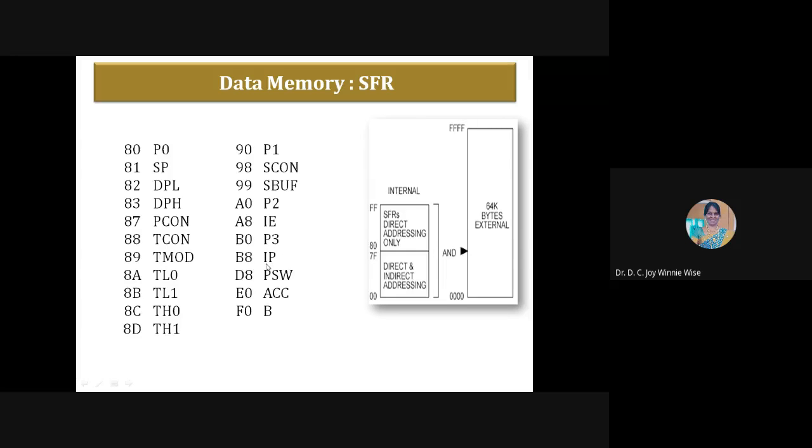The interrupt priority register is available in B8, the program status word in D8, the accumulator in E0, and the B register in F0. These are the special function registers stored in memory locations 80 to FF. Some of the memory locations are not used.